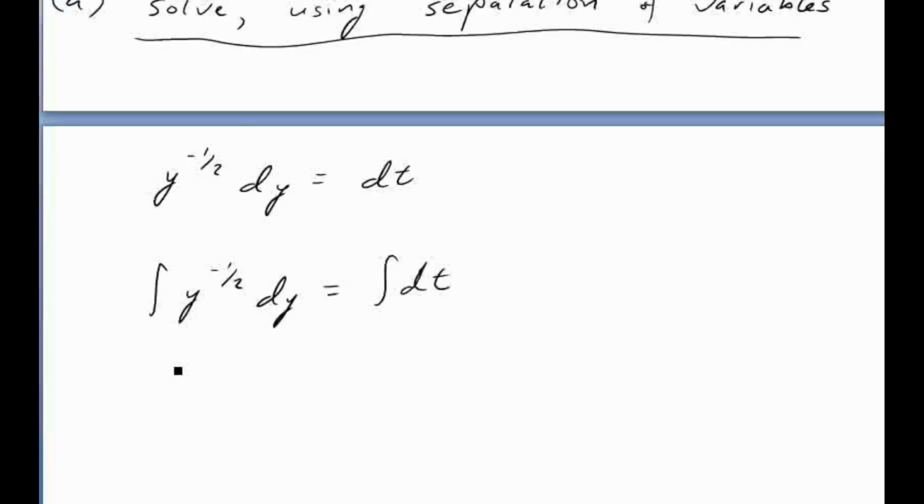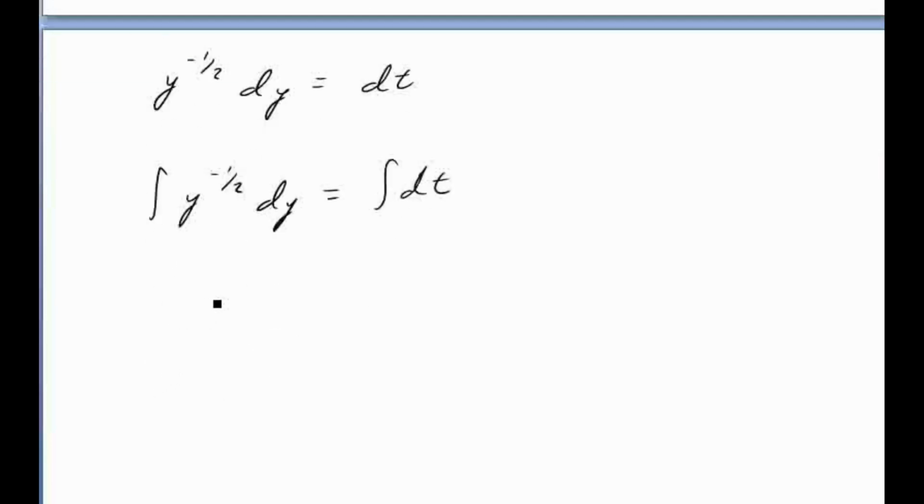Which on the left side, we have a power function, which is nice and easy. You just add 1 to the power and divide by that. So in other words, it would now be y to the positive 1/2, and we divide by 1/2, which would be 2.